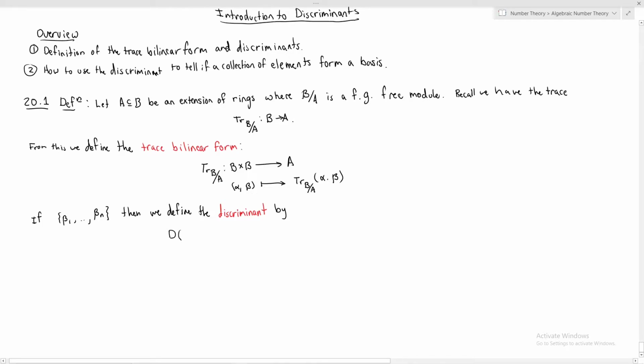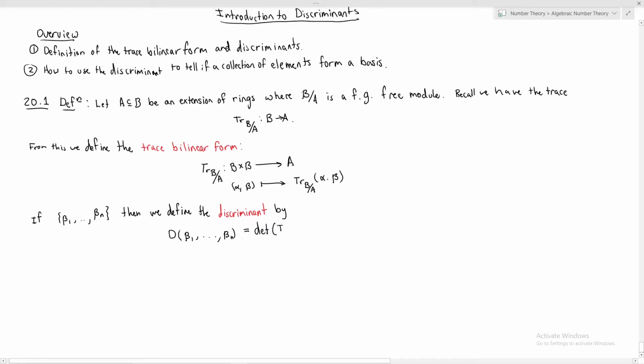We're going to use this notation, just capital D of beta 1 through beta n. And this is going to be the determinant. It's essentially going to be what you'd think it'd be based on our previous definition.